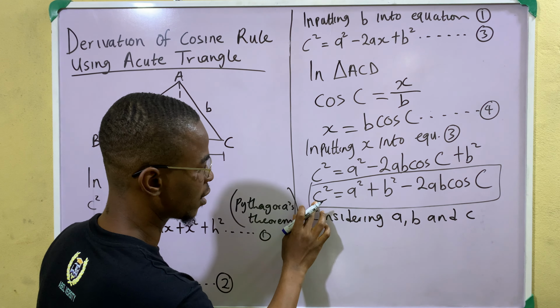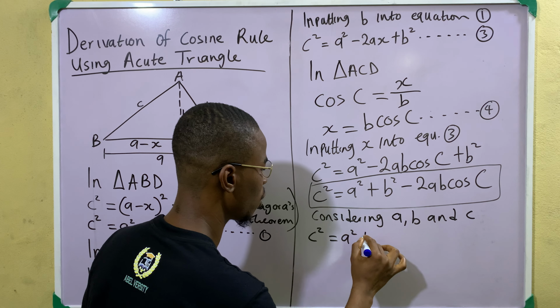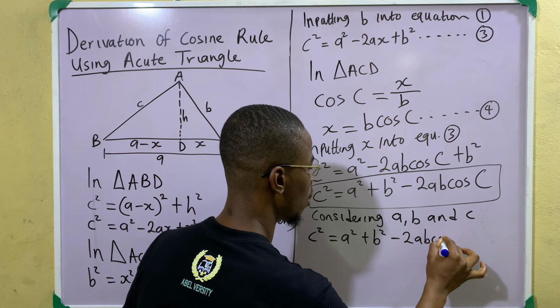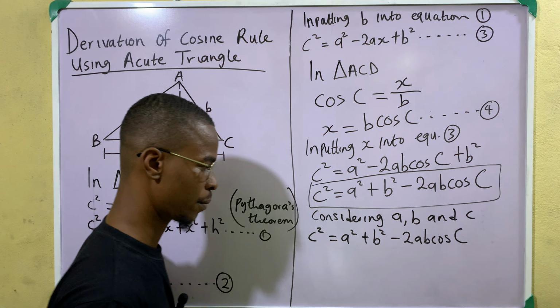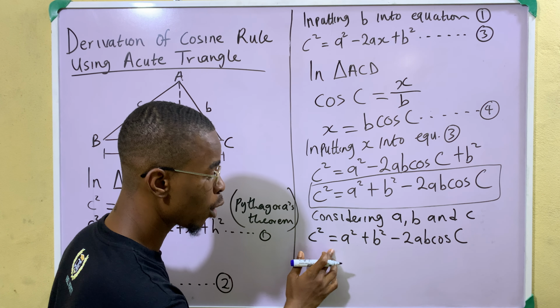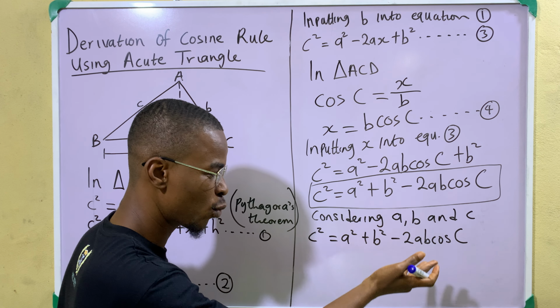Look at what happens for c: c squared equals a squared plus b squared minus 2ab cos big C. Observe what's happening here. c squared was equal to those sides that are not c, which is a and b, squared, right?